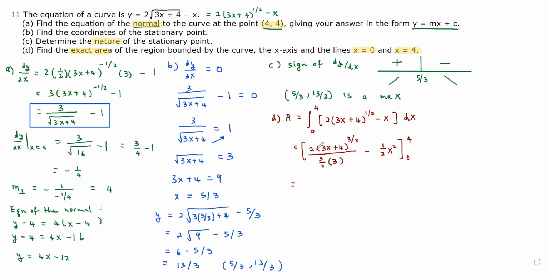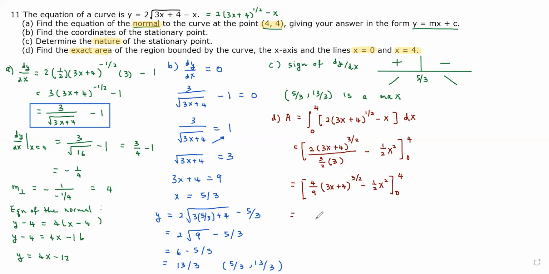And this part here is 9/2, so that will give us 4/9 times (3x plus 4) to the 3/2 minus 1/2 x squared from 0 to 4.